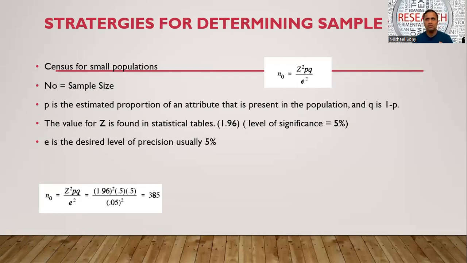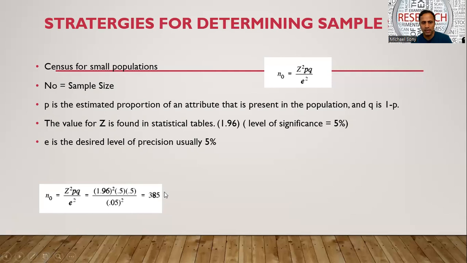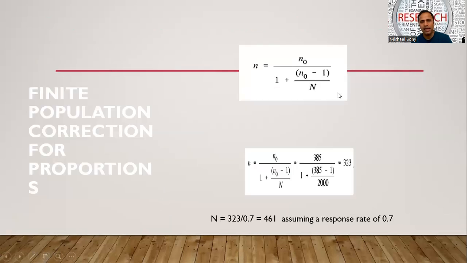So in order to bring the population into the computation of sample size, we use another method called Cochran's population correction. Here capital N is the population and n0 is the initial sample size which we have estimated. In this case, n0 was 385 from the previous calculation, and N we are keeping as 2000.